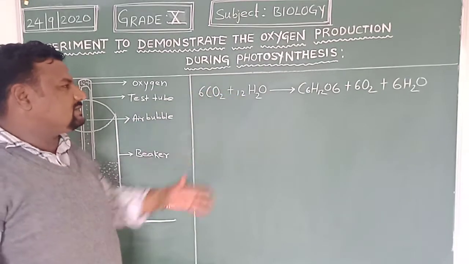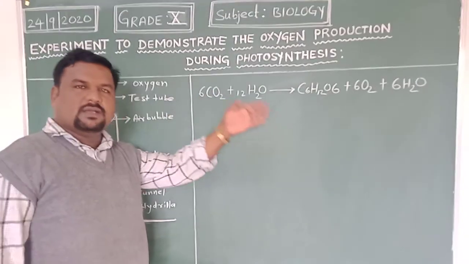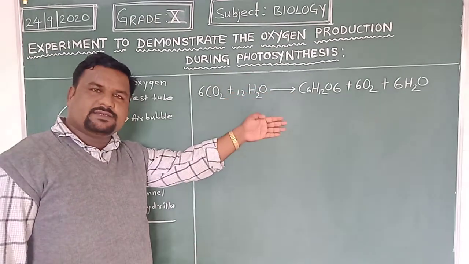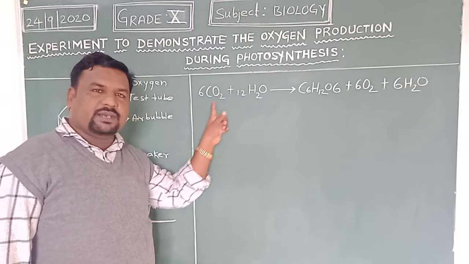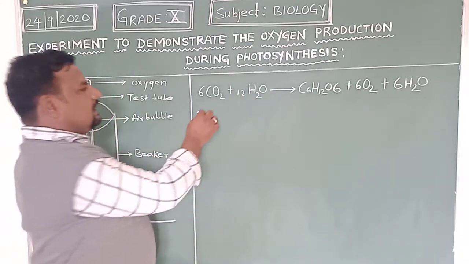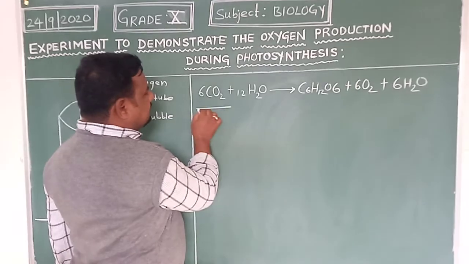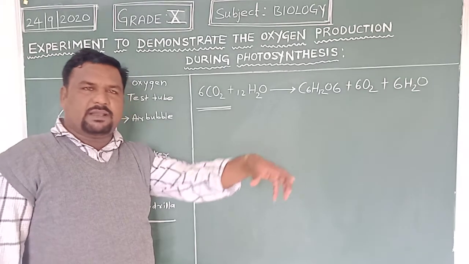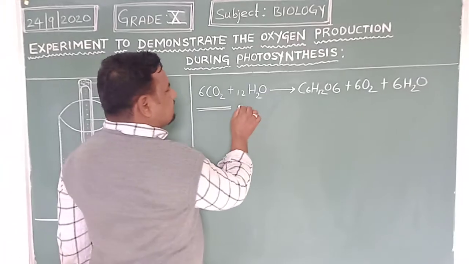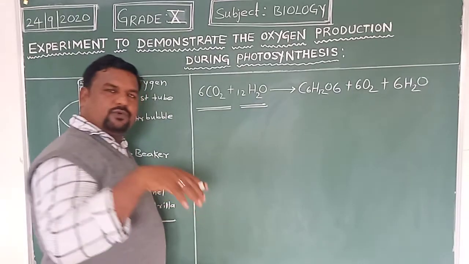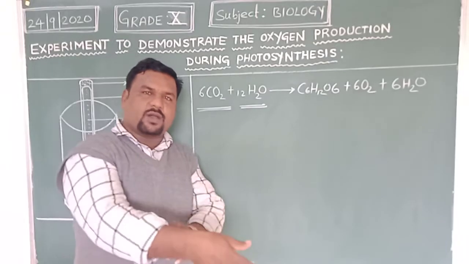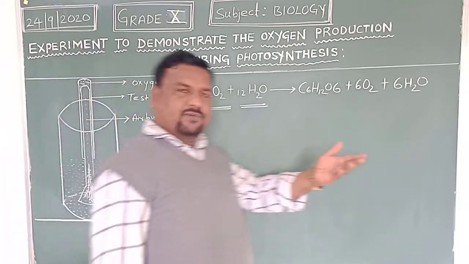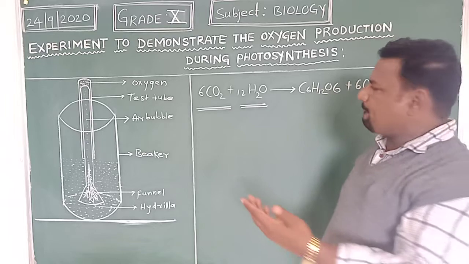This chemical equation not only shows us the formation of glucose, carbohydrate, but also indicates the minimum requirement for photosynthesis. As we know, 6 molecules of carbon dioxide enter through the stomata in the green plant, and 12 molecules of water. Of course, a quantity of water already exists in the plant body, as the cytoplasm of every cell contains water.